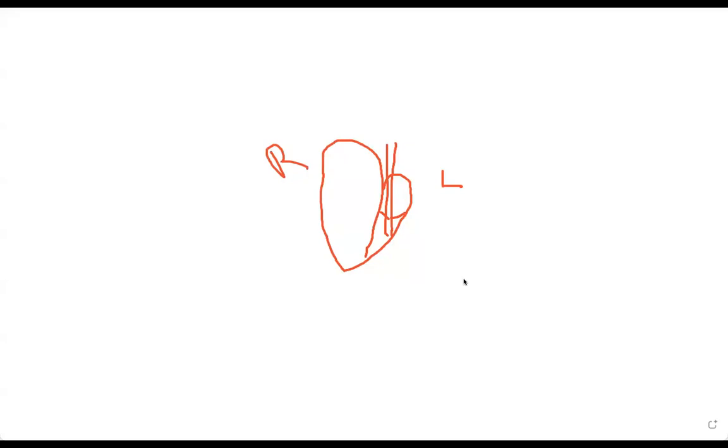But in hypoplastic left heart syndrome, the left side of the heart is not formed completely normally. It is small in size. As you know, the main function of the heart is to pump the blood to the whole body. As you see, this left side is very small, and it is unable to pump the blood to the whole body.